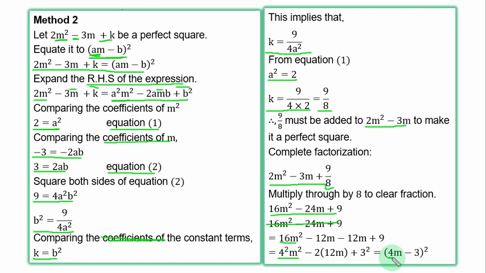If you look for a number that can give us 9 when squared, that is 3 squared. So b is equal to 3. So the complete factorization is 4m minus 3 all squared.